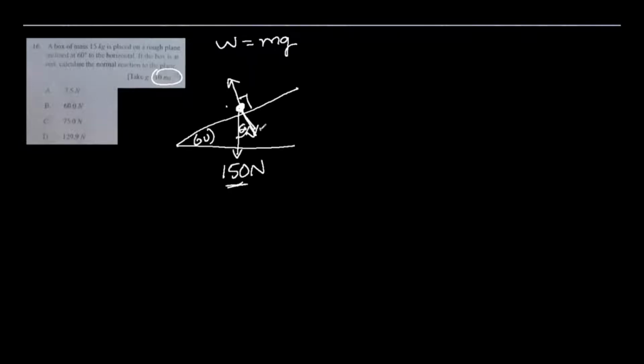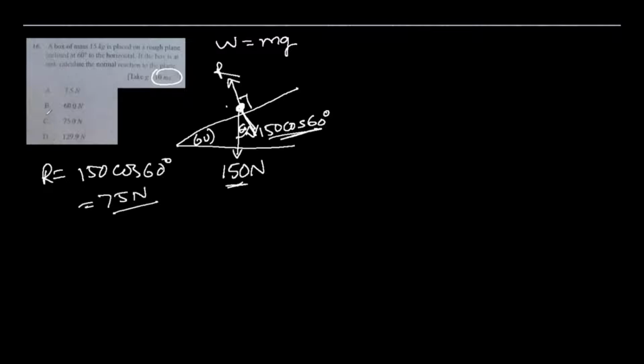So the component here will be 150 cos 60 degrees. So R will be same as this because this is an equilibrium. So R becomes 150 cos 60, which is 75 Newton. So C is the answer.